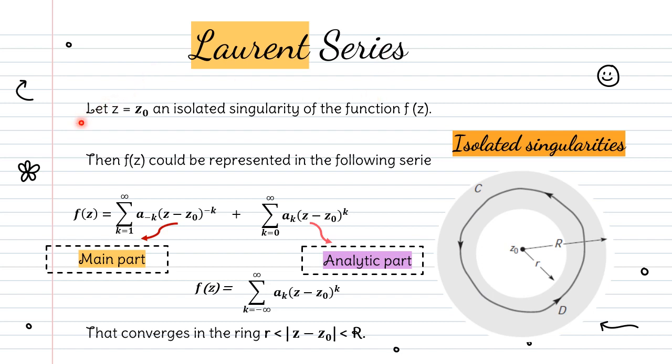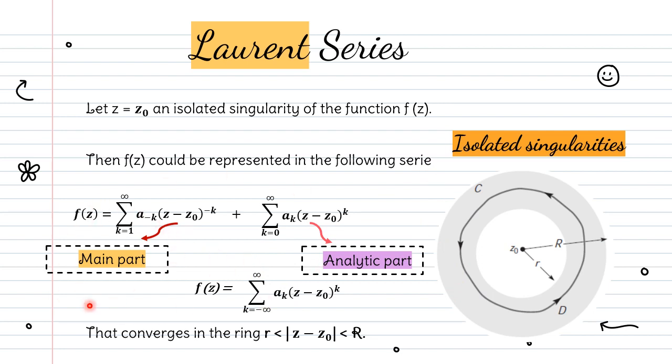So let c sub 0 be an isolated singularity of a certain function, let's call it f of z. Then f of z can be represented in the following series. So this is basically the Laurent series. And here we have the main part of the Laurent series and the analytic part of the Laurent series.